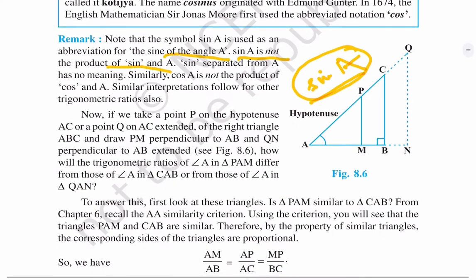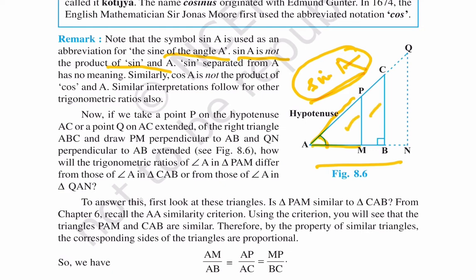Now what if we take this case? In this case the angle is the same and we are taking the sides of the right angle triangle different. So in all these cases, the values of sine A, cosine A, tan A and their corresponding inverse quantities will always be the same.